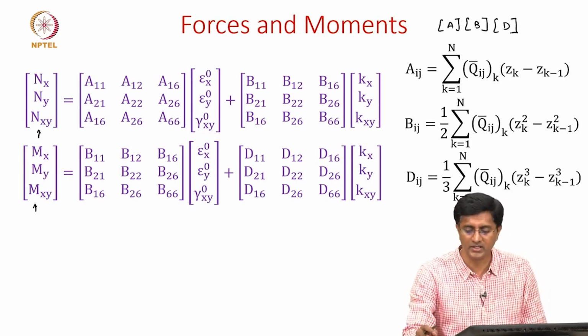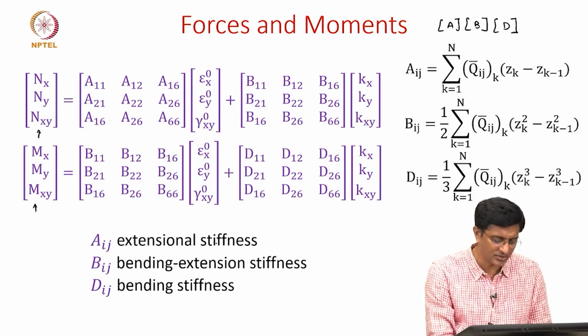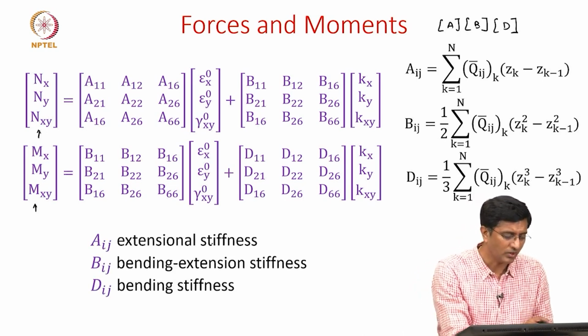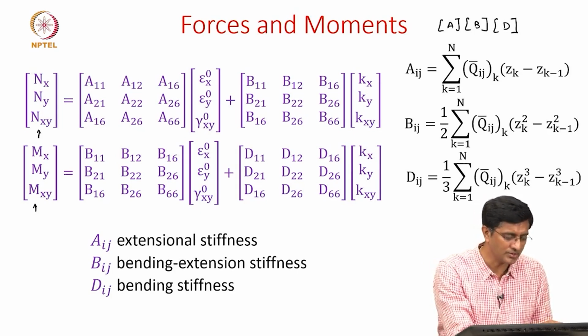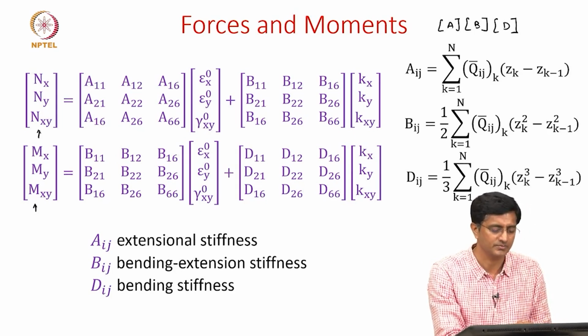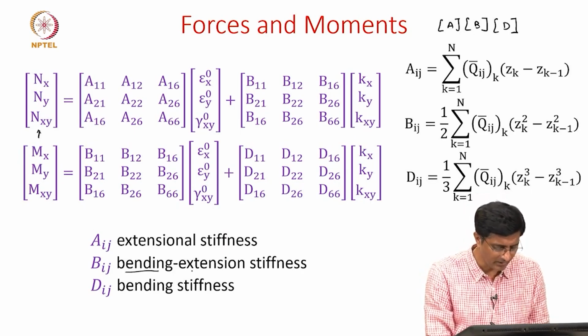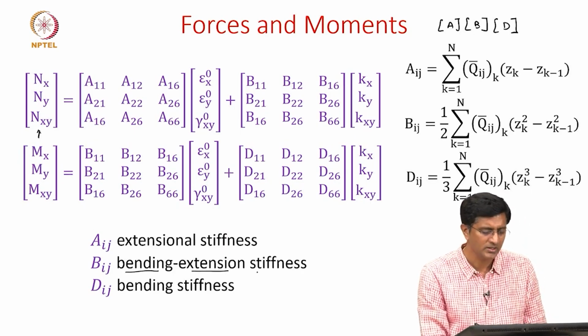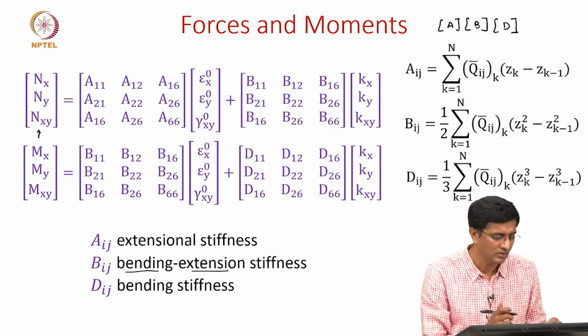And each one has a terminology. We call this matrix A the extensional stiffness, because what does the A matrix do? It connects the forces with the strains. B matrix, we call it the bending extension stiffness matrix. The reason is because it connects the bending to the extension.